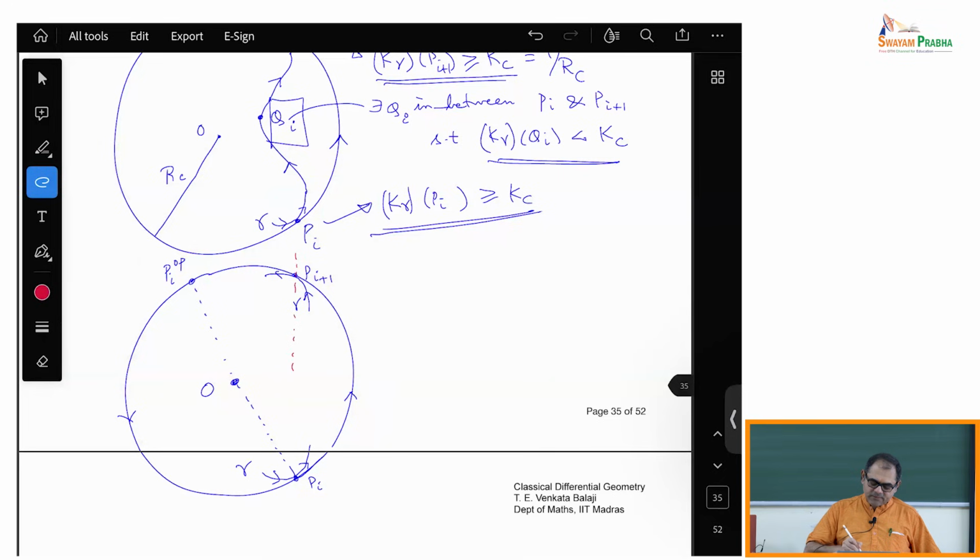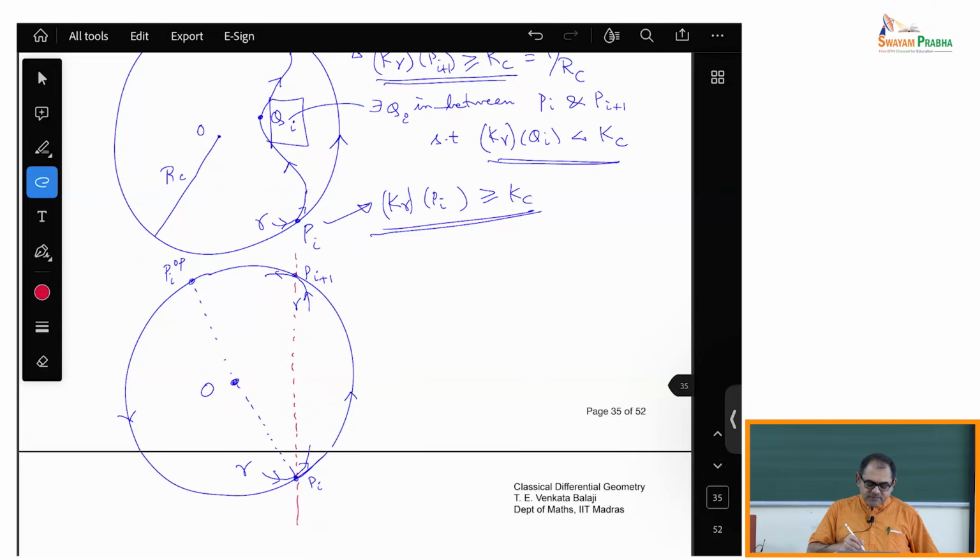Look at this chord that joins pi and pi plus 1, and look at the portion of the arc of the enclosing circle from pi to pi plus 1, to one side of this chord, to the right side of the chord in this picture.